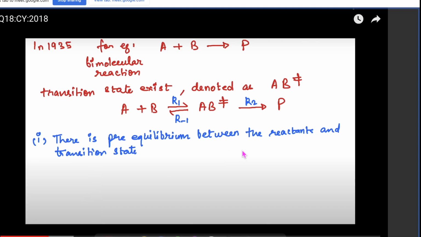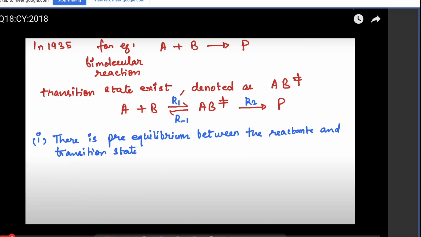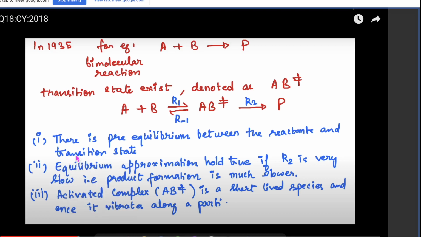My question was what the activated complex has. So I have actually explained a lot about how this activated complex converts into the product.